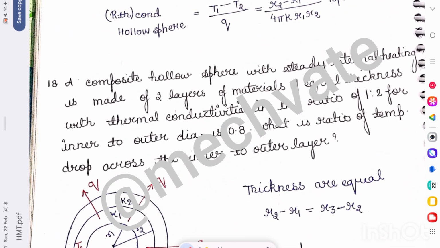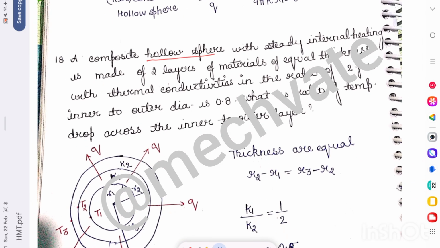A composite hollow sphere with steady state internal heating is made of two layers of material of equal thickness, with thermal conductivity in the ratio of 1:2 for inner to outer.